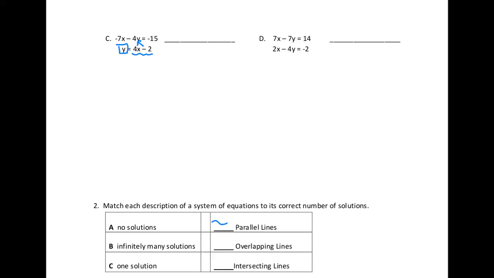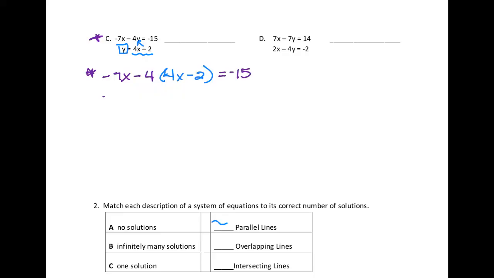So I am going to rewrite this first equation as negative 7x minus 4 times y, and y is 4x minus 2. Whenever you're substituting that value in, then you should put it in parentheses because you might have to distribute.